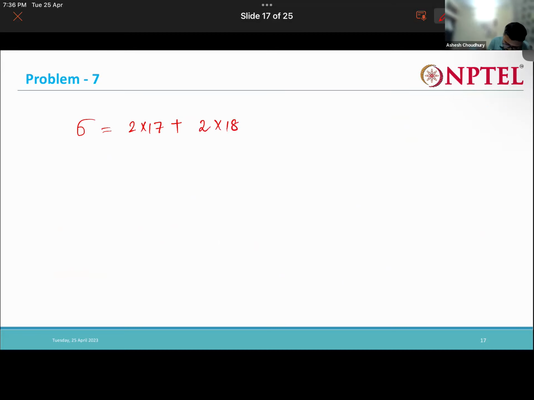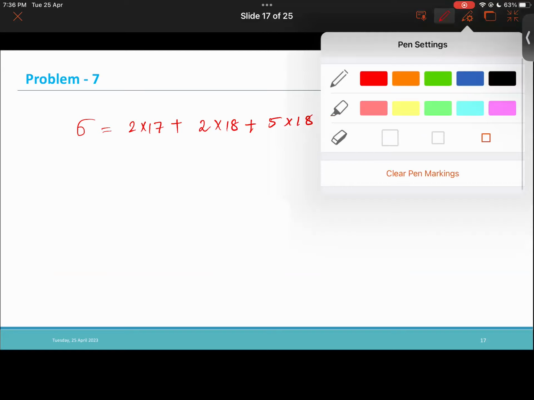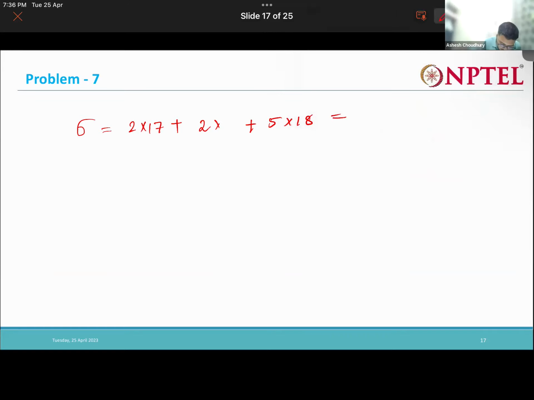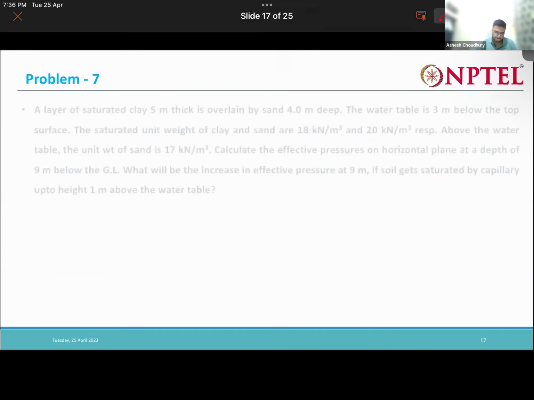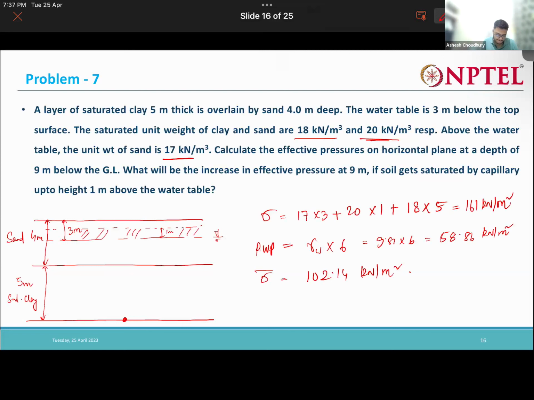So what is the total? 2 into 17, 2 into 20, plus 18 into 5. It comes to 164.